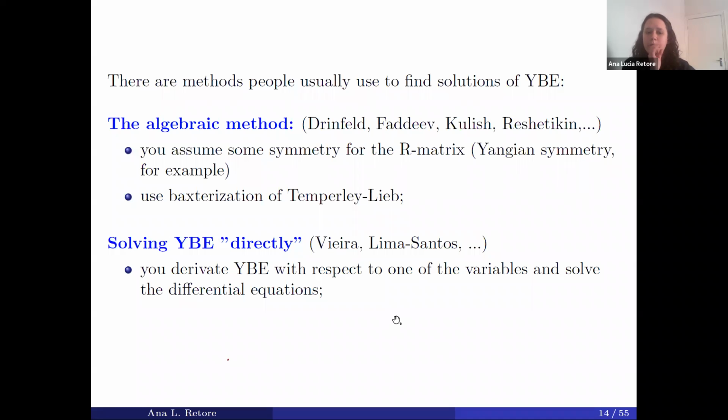Here you can in principle apply it to any system. You can start with any ansatz and do the calculation. The problem here is technical: you do not manage to solve the differential equations. Things get bad very fast.